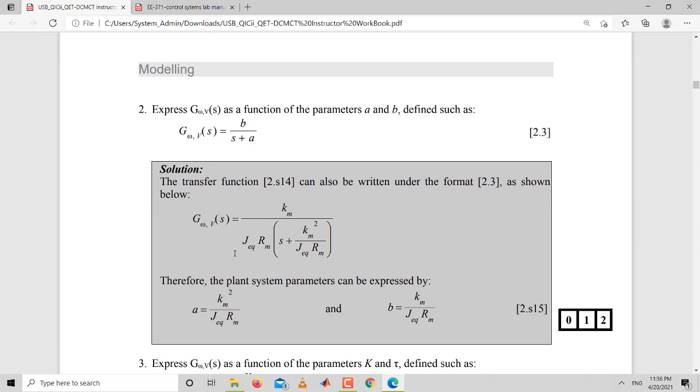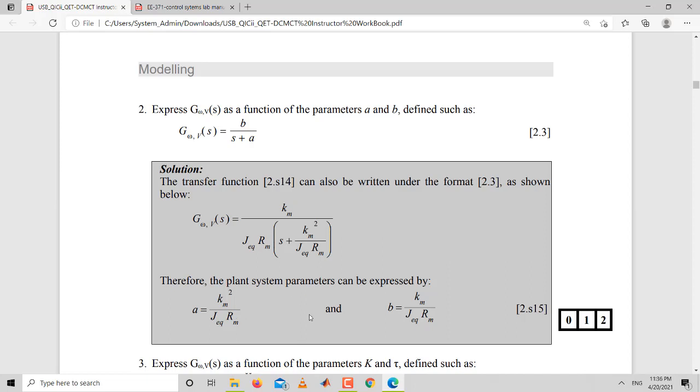We just have to change the formation of the relation. So we want S plus A here. Whatever is left would be the value of A, and you can take the remaining values to the numerator and identify them as the parameter B.